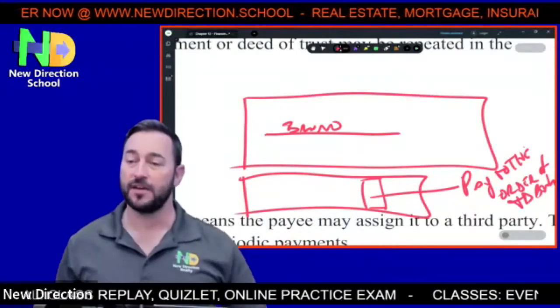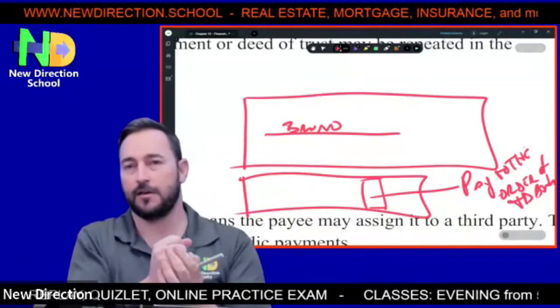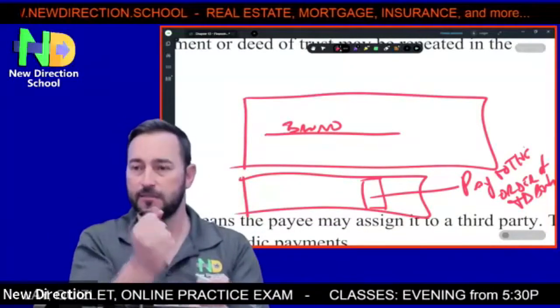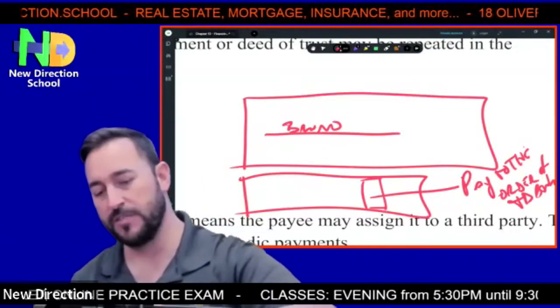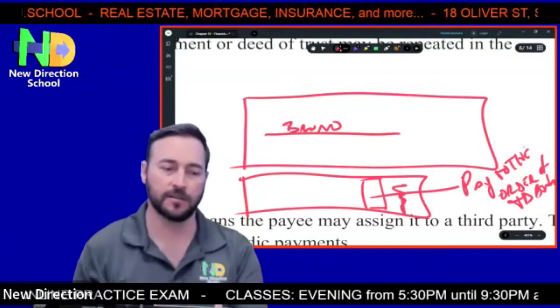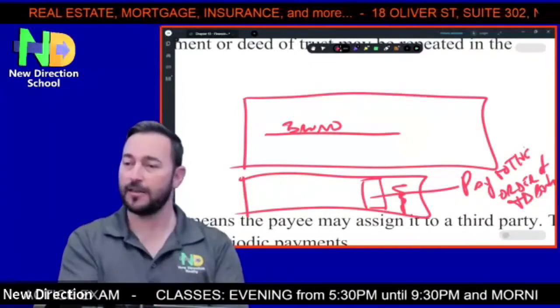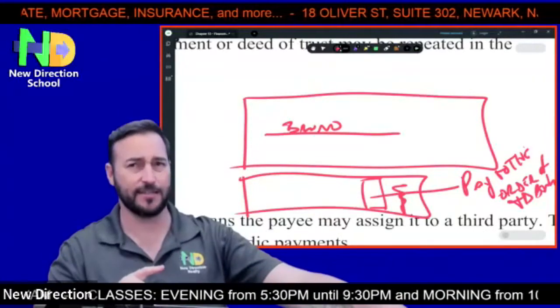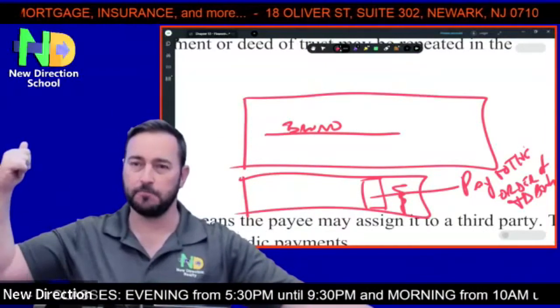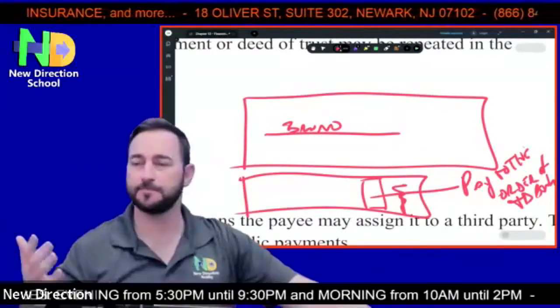Okay, so we take that check, we give it to the bank, and the bank puts a stamp on it that says you transferred it to us. And by endorsing it, when we sign right here, we are allowing that assignment, okay? So technically, my employer paid the bank. That's what just happened. Does that make sense, guys?